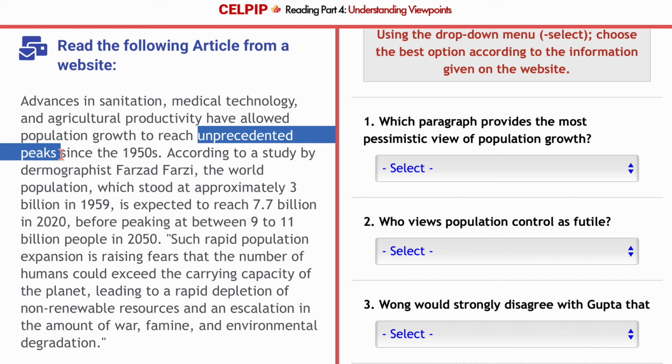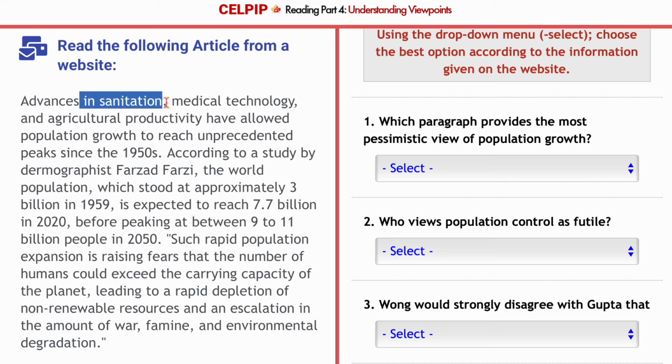So yes, population growth has increased, according to sanitation, because nowadays most countries are very clean and we don't have so much disease. Of course, medical technology and agricultural productivity, we have more food production. So this is some of the reasons why the population has grown to these high levels.